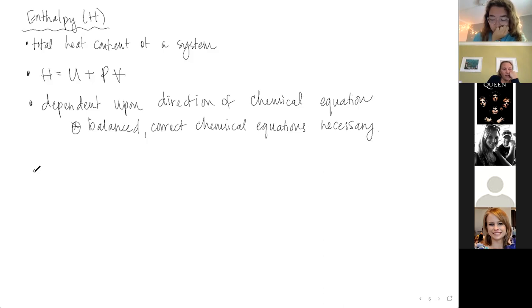If we have a delta H that is our change in enthalpy of our chemical reaction, if this is negative, what is our term for this system?